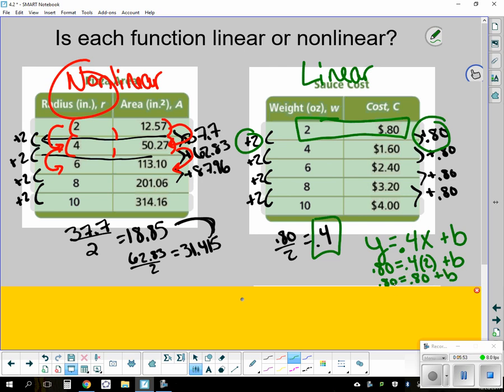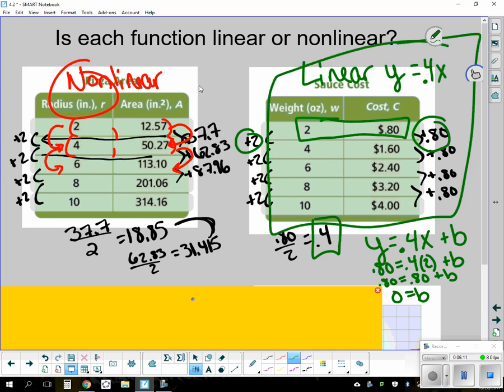Well, if I subtract 0.80 on both sides, then I would have 0 equals b. So that means I didn't have to add anything at all. B was just 0. So this is linear, and the equation is y equals 0.4x. So this is really a review from 4.1. This is new in that we're finding out it's nonlinear because it's not a constant rate of change.